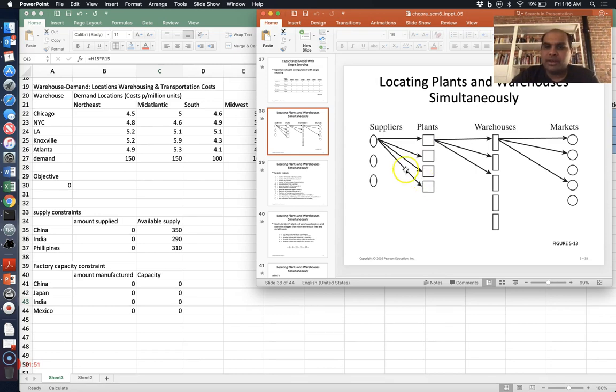Essentially we are saying that all the supply that comes from the supplier to the plants has to get manufactured and supplied out of the plants. We are assuming that all the material that comes in will be used in manufacturing, that we will make something out of it, that no material is left at the plants or destroyed at the plants.